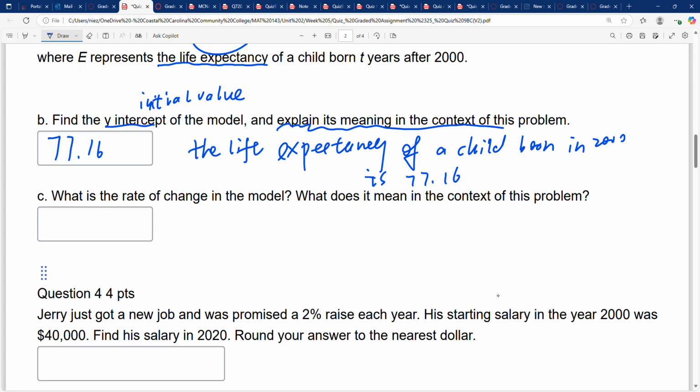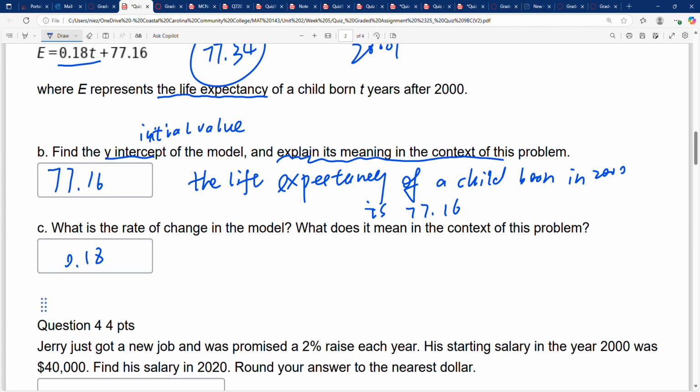What is the rate of change in the model? The rate of change is 0.18. Actually, if you include the unit, it's 0.18 years per year. Here you can skip the unit, it's not that important, but if you use units, it looks like this, per year.